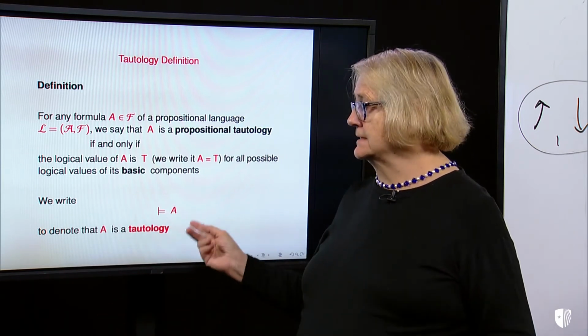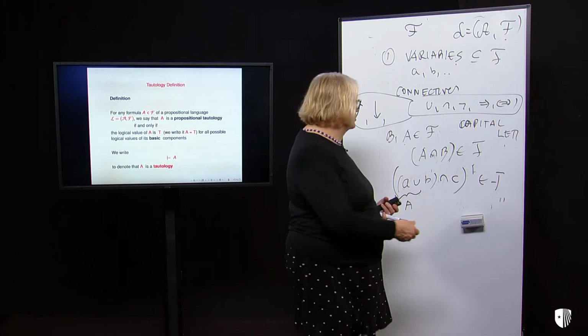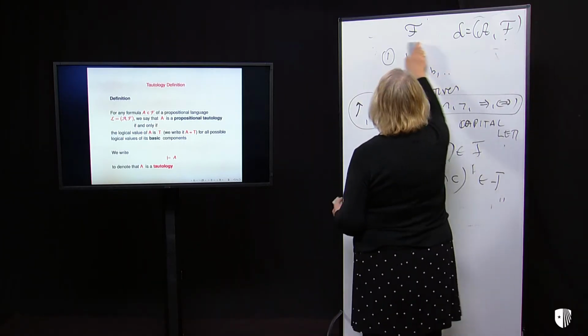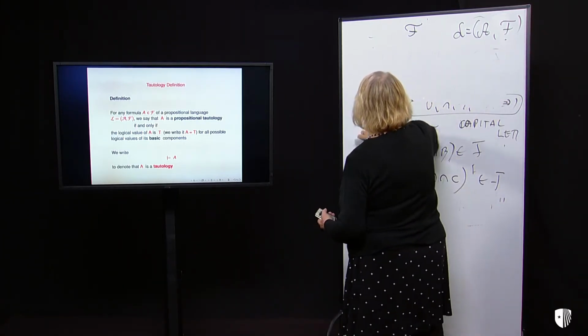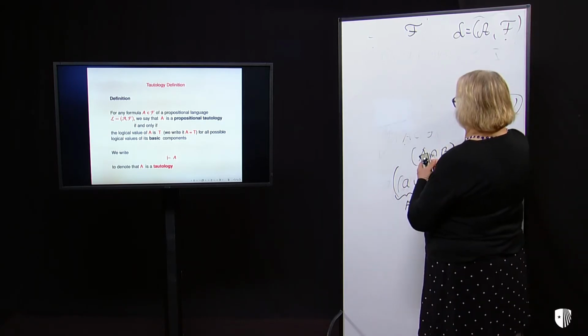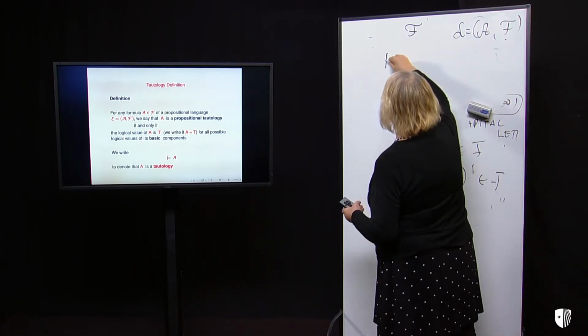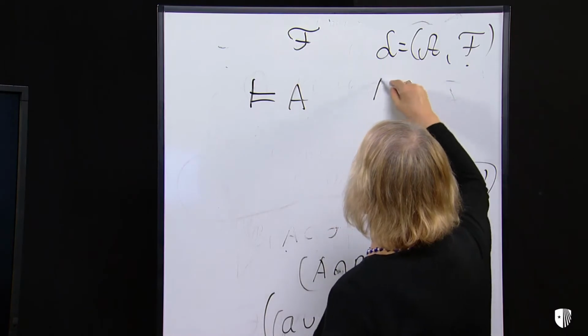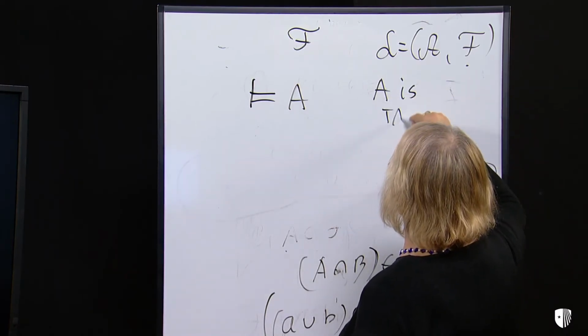And this is our symbol for tautology. Propositional tautology: A is a tautology.